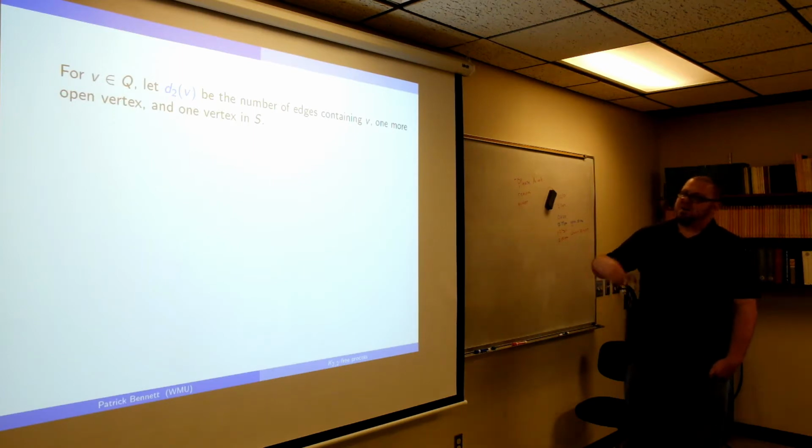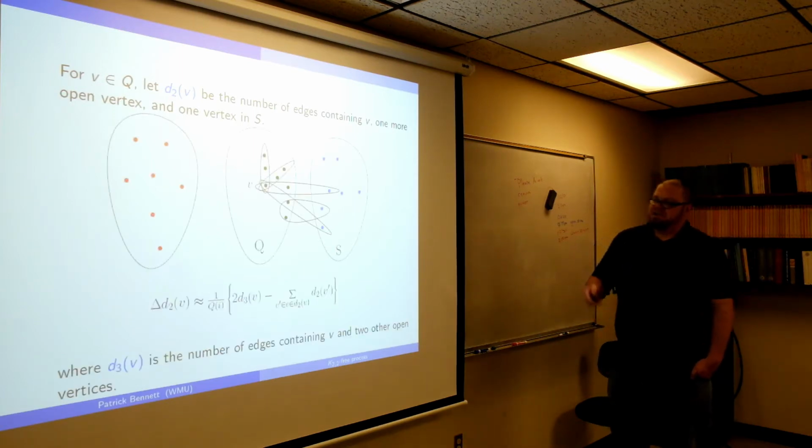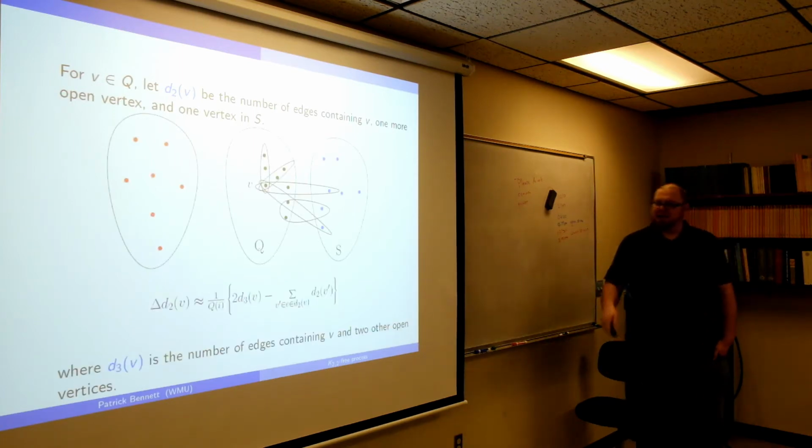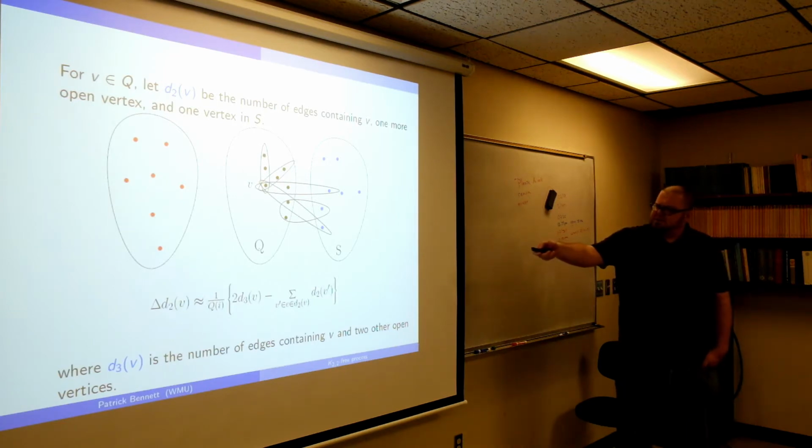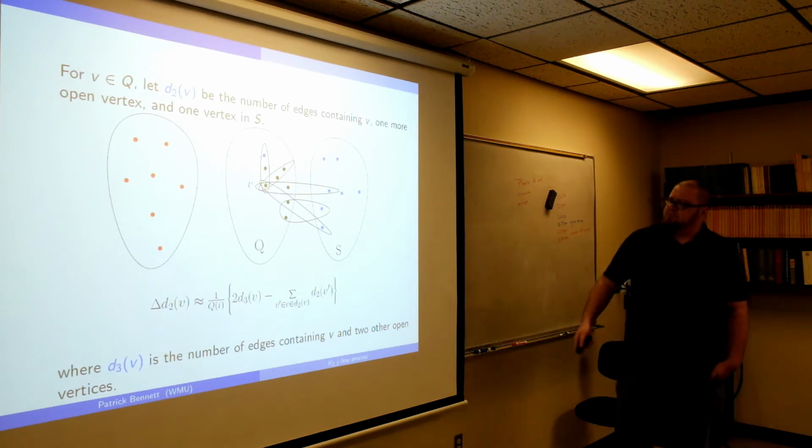And so now let's try to see how d2 changes, and this gets a little bit more complicated. Here's v. So how in one step can d2 of v change? Well, we can gain d2s and we can also lose d2s. Here's how we can gain one.